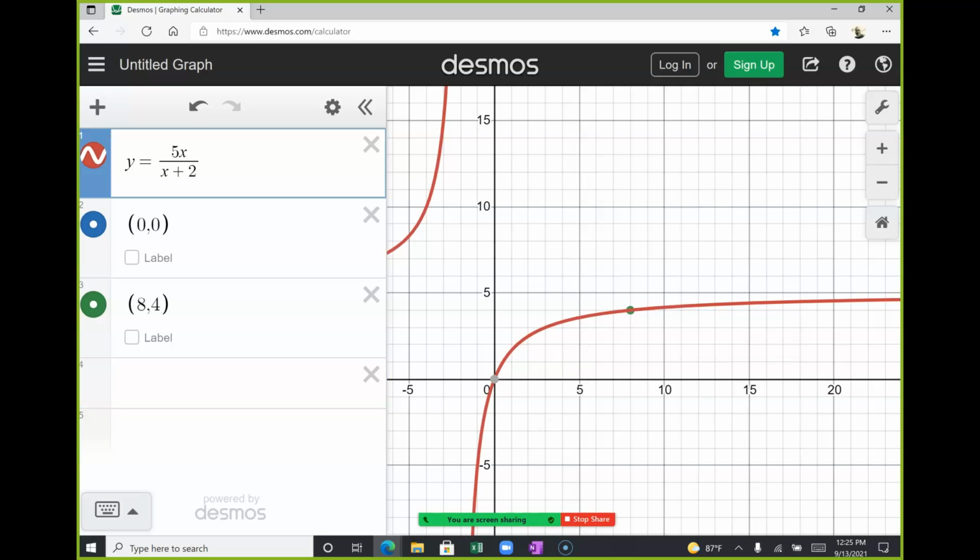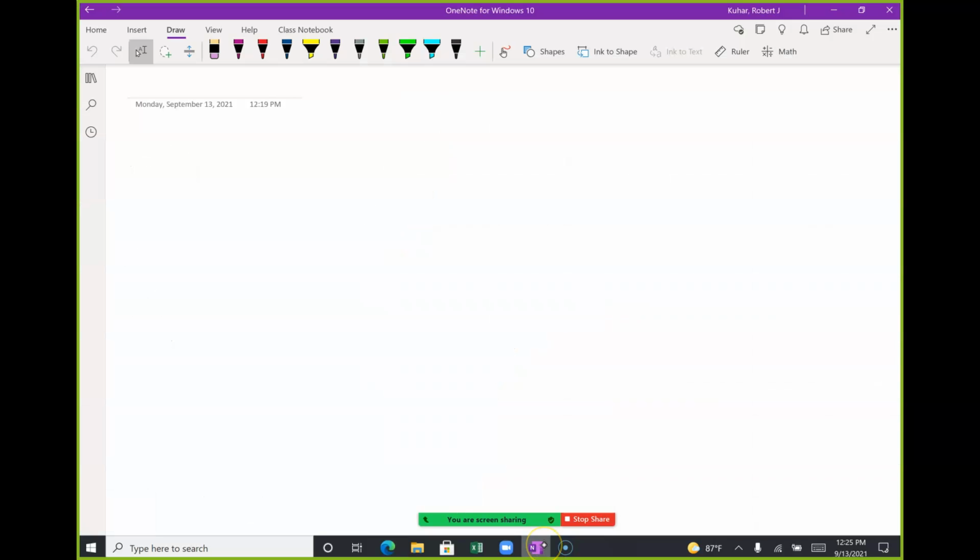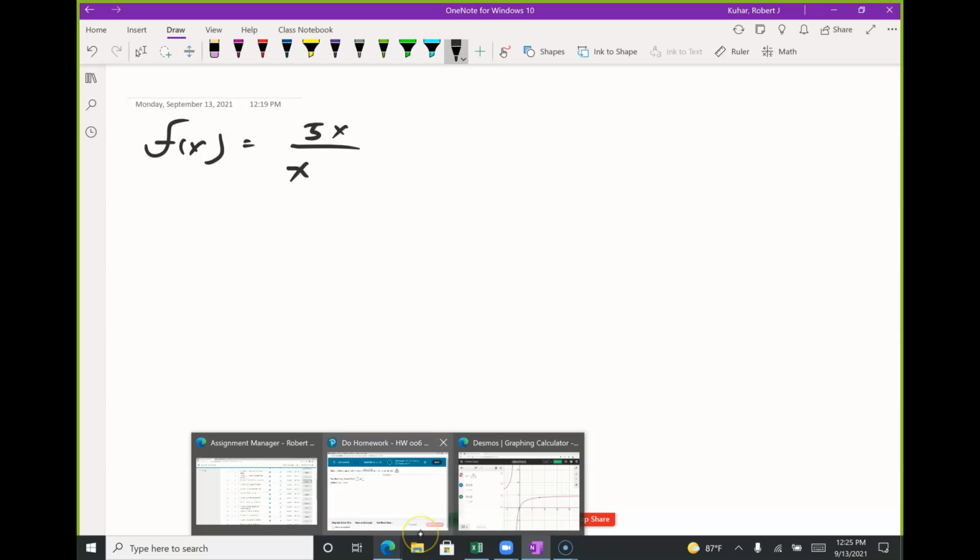We're talking about graphs of functions today. And I want to connect those 2 points with a secant line and find the slope of that secant line, right? And of course I could do all that by hand. So what do I have? I have f of x equals 5x over x plus 2.